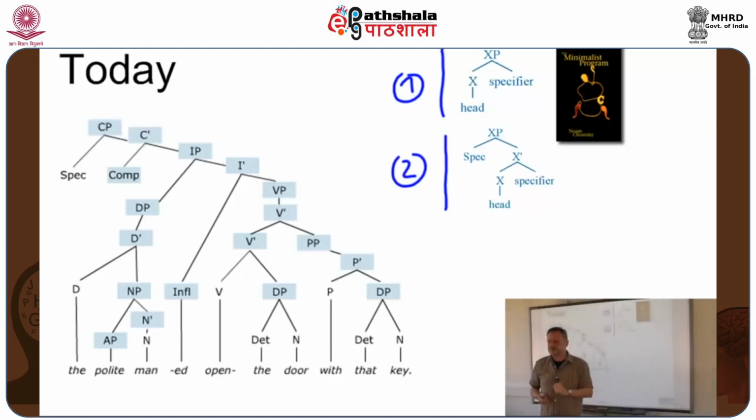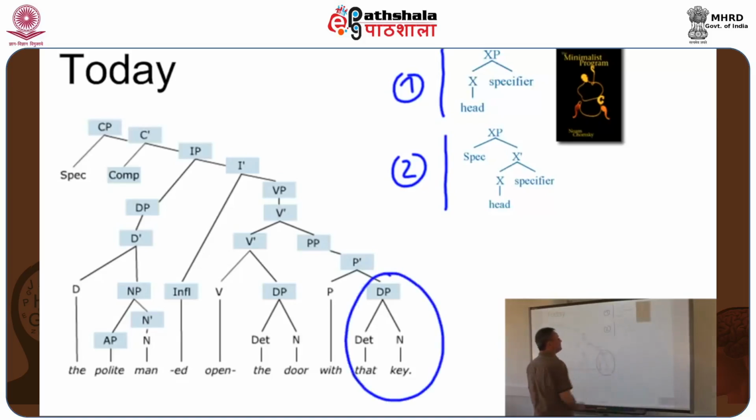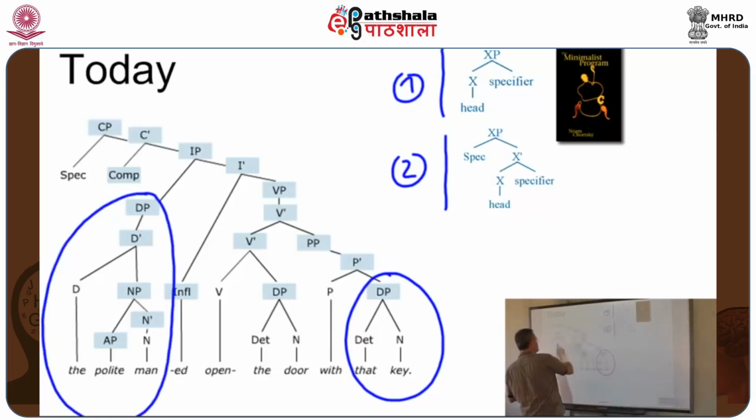As a consequence of this, noun phrases can now be reanalyzed either as simple phrases, which would be here, so you have just the head and the specifier, or as complex phrases, which would be here. So this would be number 2 and this would be number 1.